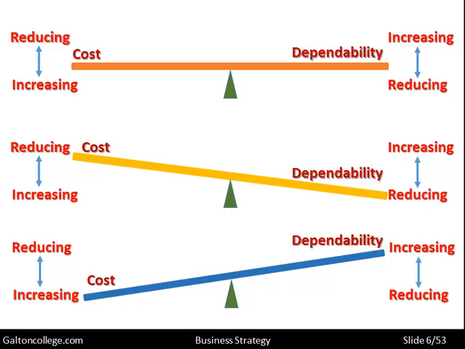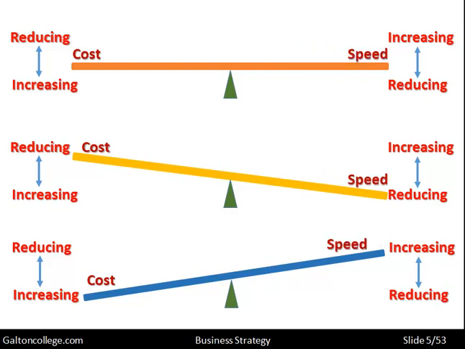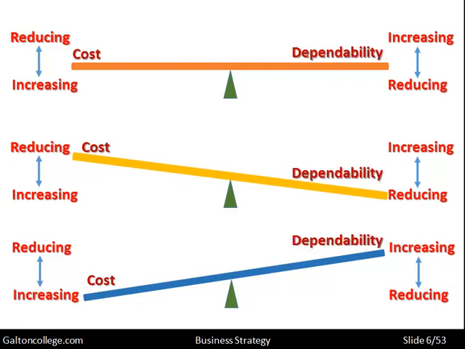I said there were various factors that we can look at earlier on in one of the slides. Dependability being another one, which is crucial in assessing the system. And again, we can use the same diagram. I've just changed it from speed to dependability. Here, by reducing cost, we reduce the dependability. That's in the center fulcrum, the central balance.